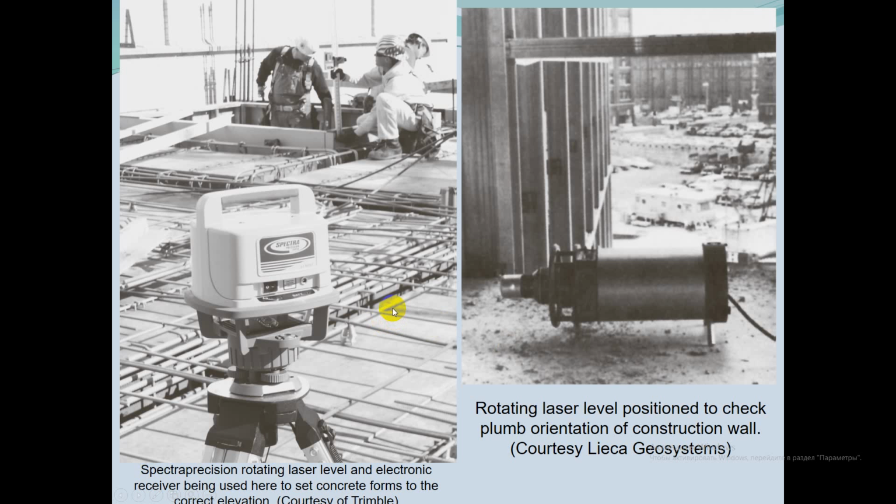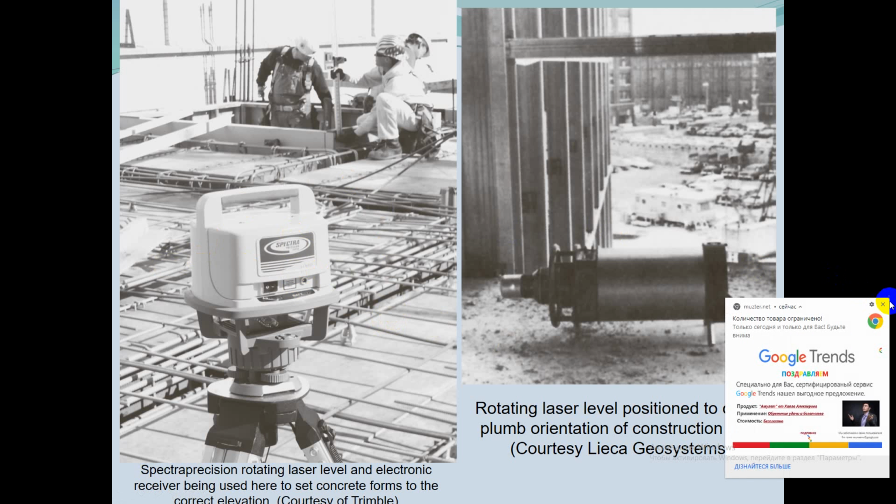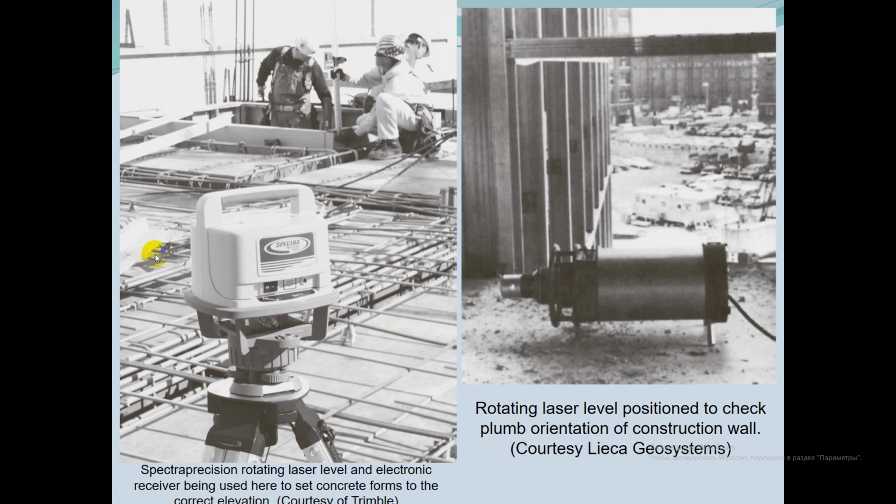Here is a rotating laser controlling horizontal and vertical building components. This is a Spectra Precision rotating laser level and electronic receiver being used here to set concrete forms to the correct elevation. And this is a rotating laser level positioned to check plumb orientation of a construction wall.